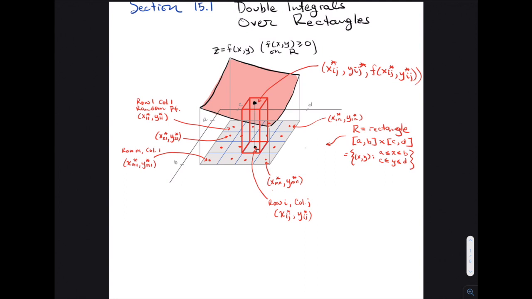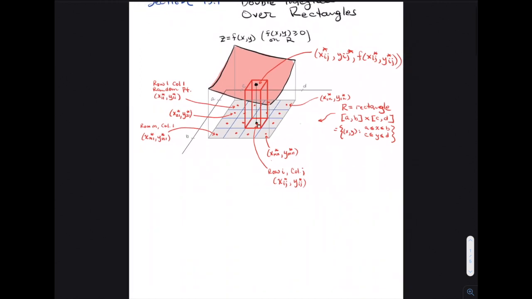And then we'll take the limit as the number of subregions goes to infinity, both in terms of rows and columns. So let's say that delta V is the volume of the prism.